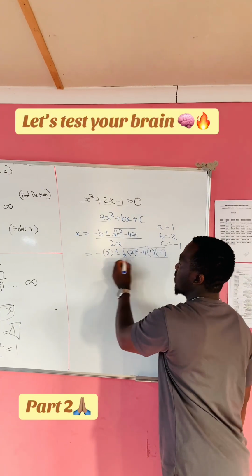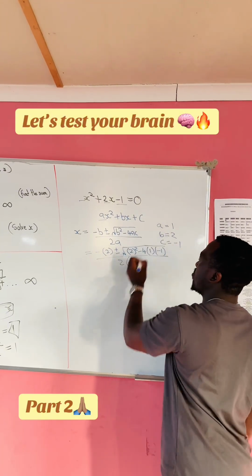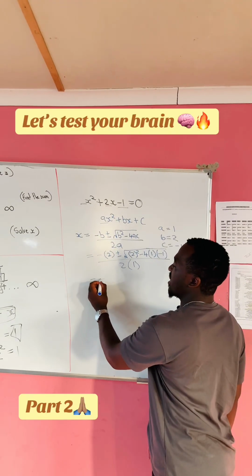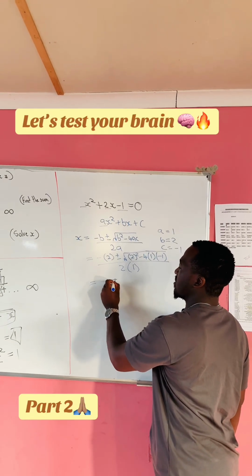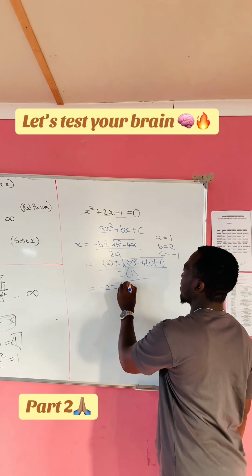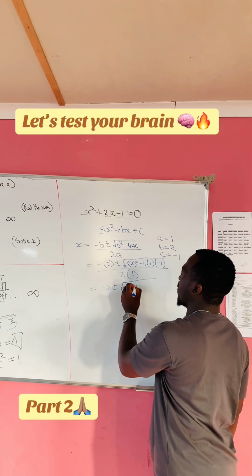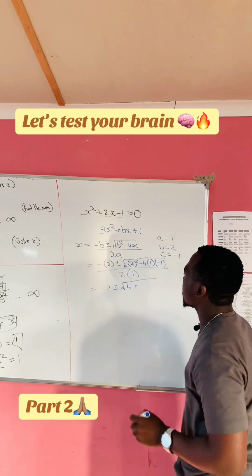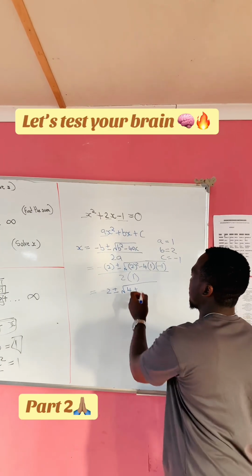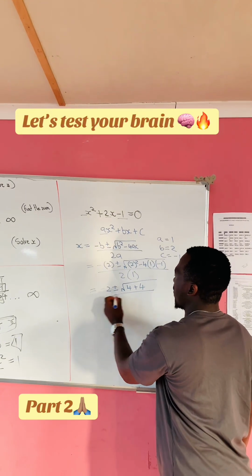Let's extend that over 2 into we put 1. Now, this is going to be negative 2 plus or minus the square root of 4 plus 4 over 2.